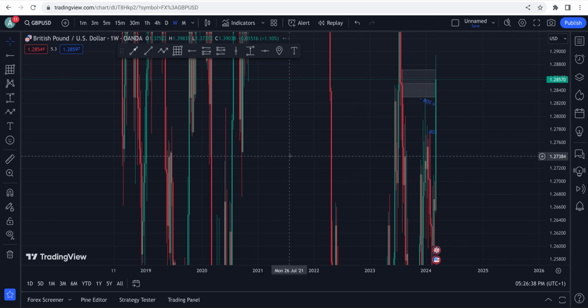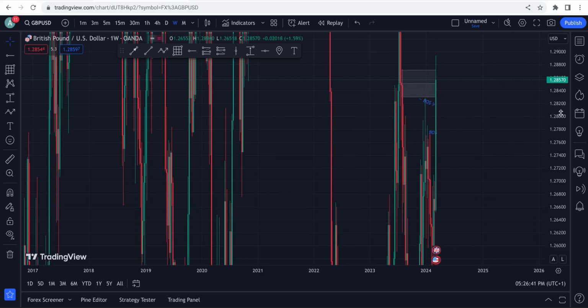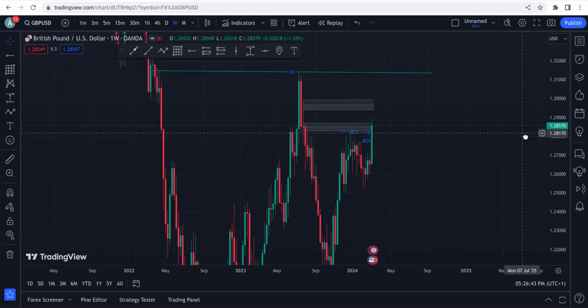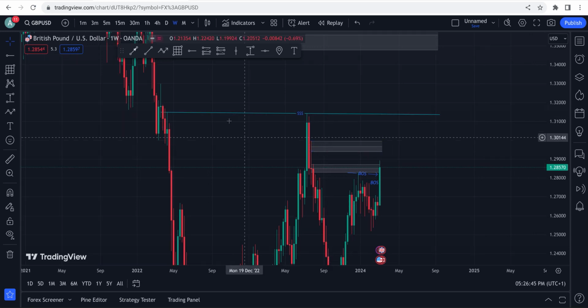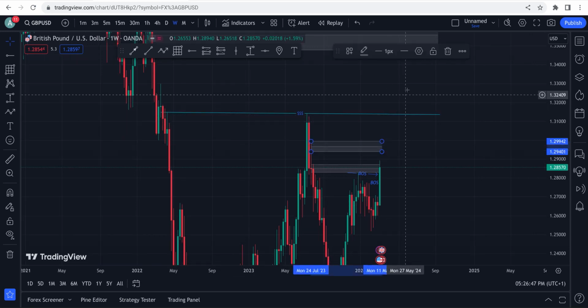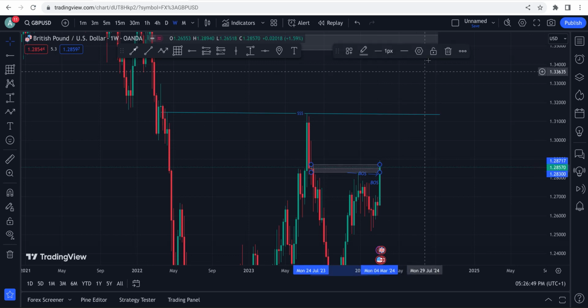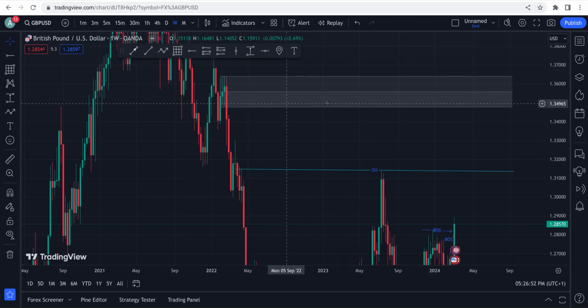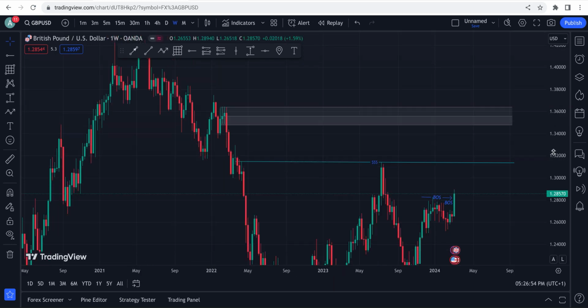Now we are doing this analysis on GBPUSD on the weekly time frame. So as you can see, here we have a supply zone at the top of this liquidity on the weekly time frame.